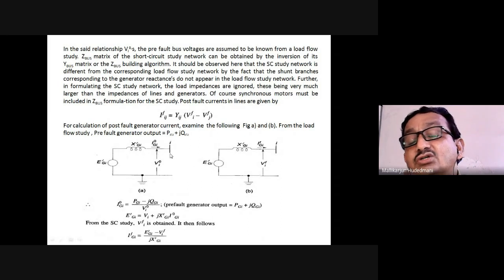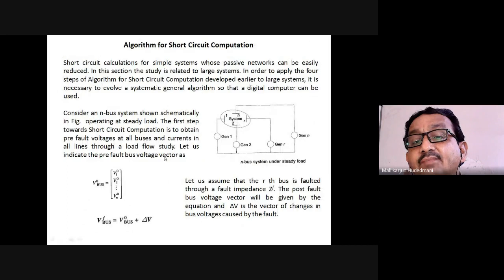This is what we call the short circuit theory, the short circuit algorithm. How it is done, I just repeat. The first step is to represent the entire system and find out what equation you need to obtain.